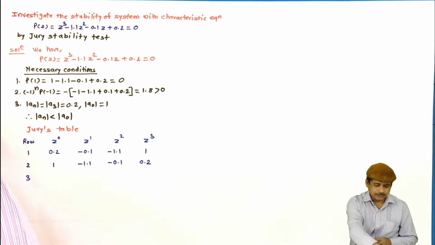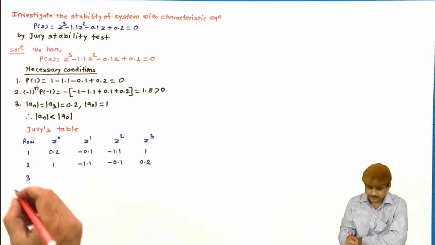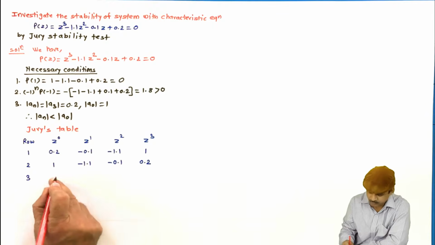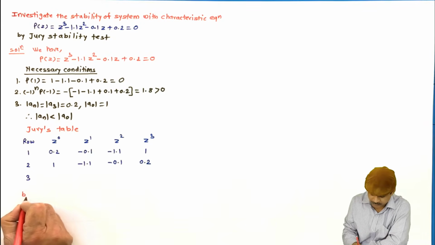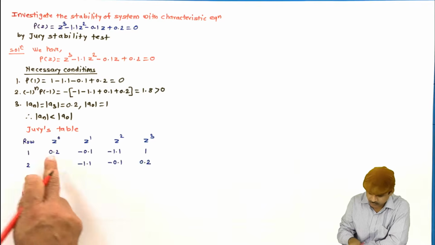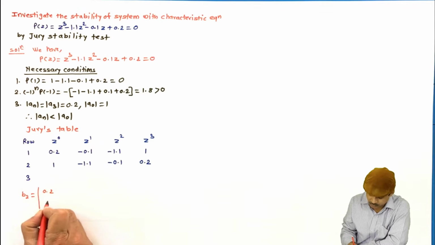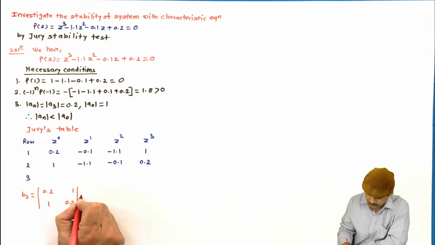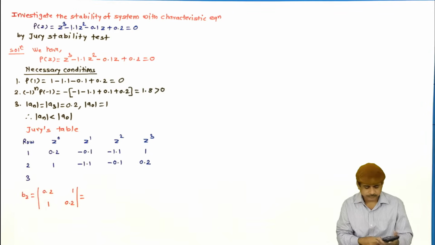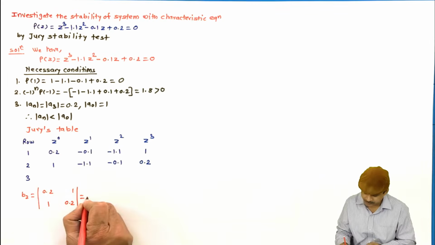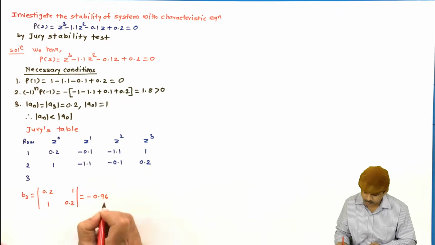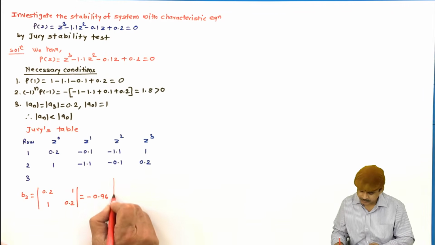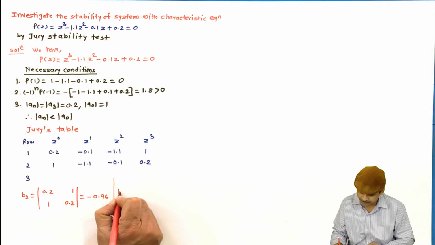And now let us find out these coefficients, B2, B1, B0. B2 will be the determinant of these two elements 0.2, 1, and these two 1, 0.2, and this is equal to 0.2 squared minus 1, so it is minus 0.96. Now let us find out B1.